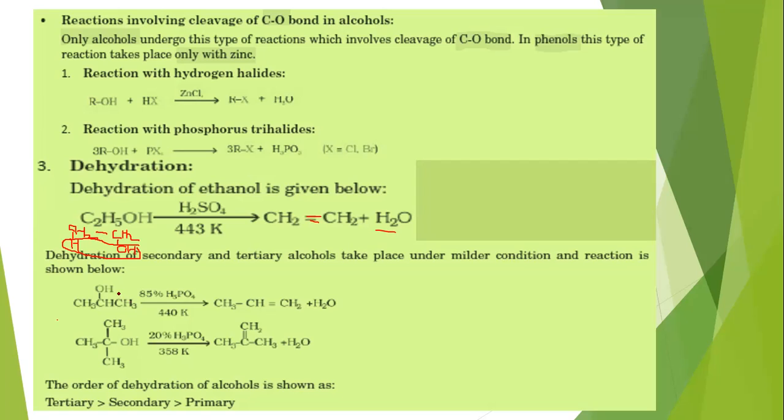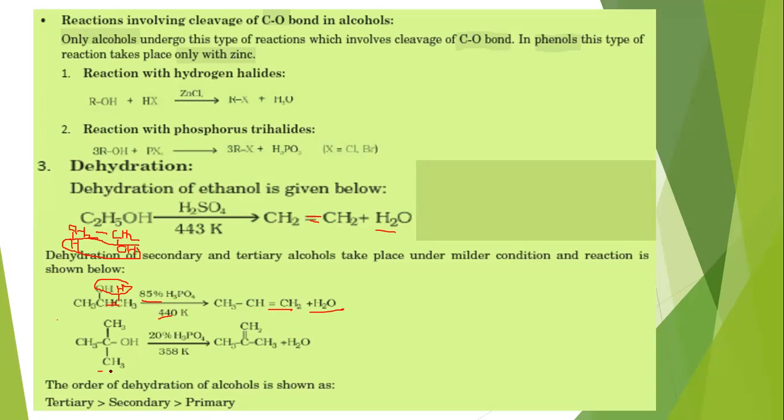Now here from this carbon, hydrogen and OH is removed as water molecule, and a carbon-carbon double bond forms here. But here the condition becomes mild, 85% H3PO4, and temperature is also 440 Kelvin.